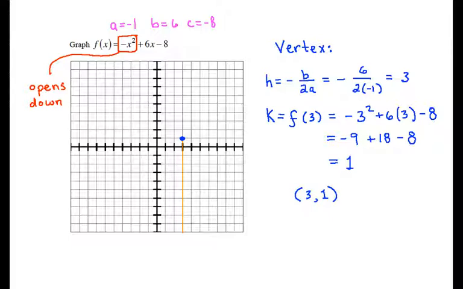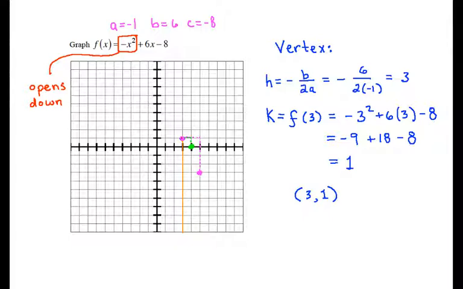Now from this vertex, I'm going to use that 1, 2, 3, 1, 4, 9 pattern, meaning I'm going to plot the point 1, 1 relative to the vertex, come back to the vertex, and count out the point 2, 4, but again going down, and again relative to the vertex instead of relative to the origin.